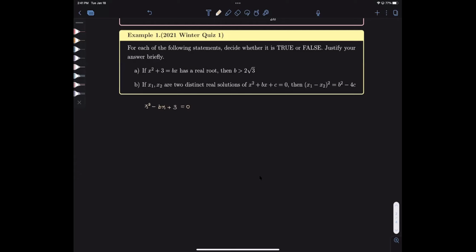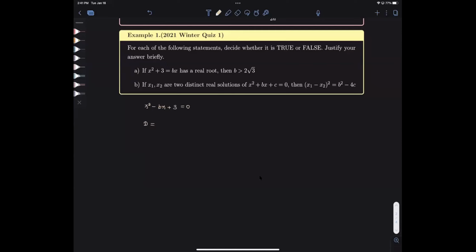Okay, so what do we want the discriminant to be? Our discriminant is going to be b squared minus 4ac. So D is b squared minus 4ac, which is what in here? It's b minus 12. How did you get that? Well, sorry, I simplified it.